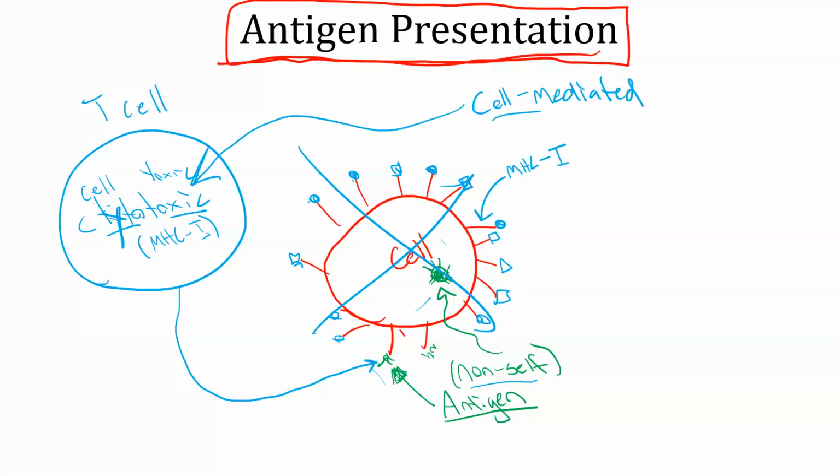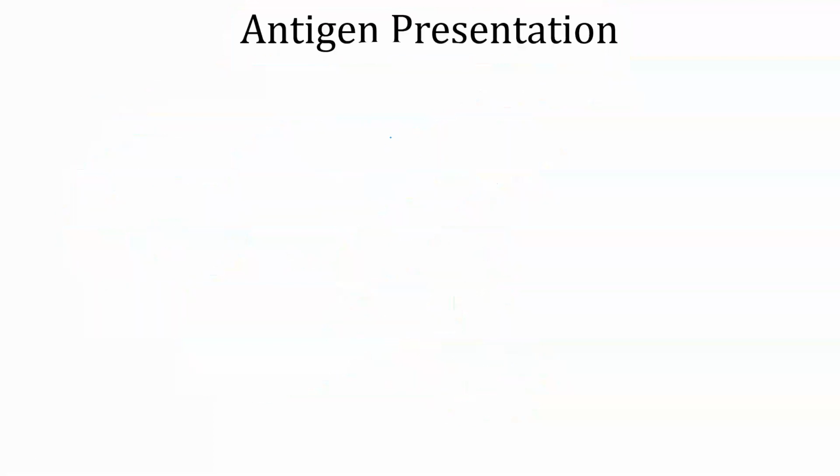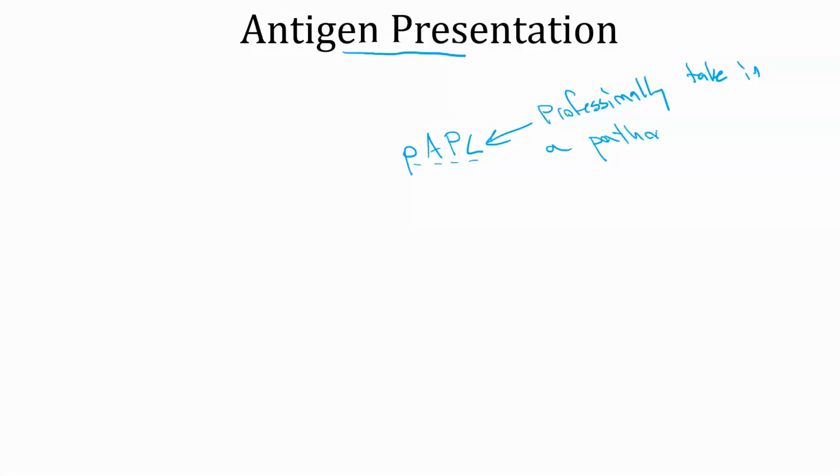Okay, there's another scenario though that can play out, and this happens when we have what are known as professional antigen presenting cells, or PAPCs. These are a special kind of cell that also present antigen, same as all of your other cells, but these guys can professionally take in a pathogen and professionally present its antigens.